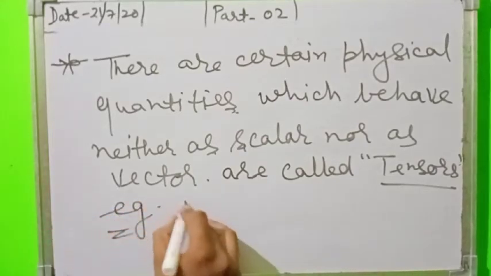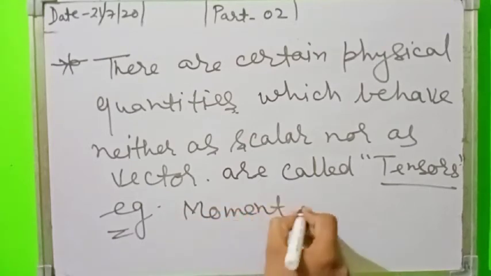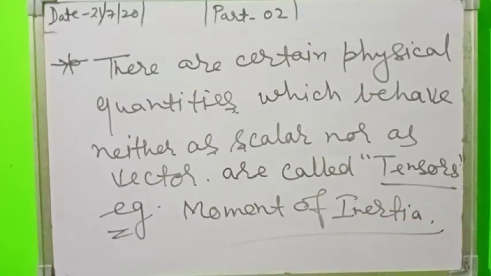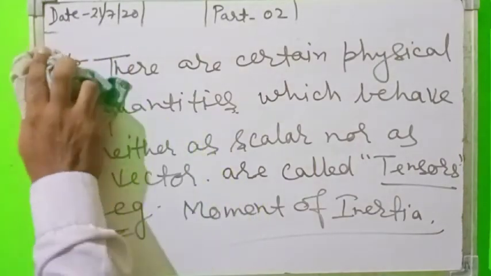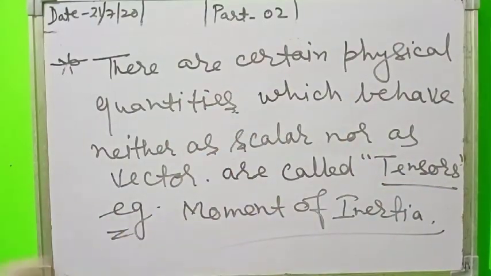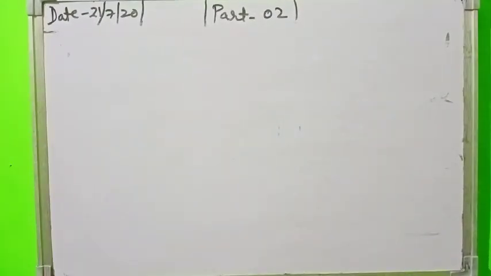Example: moment of inertia. There are also certain physical quantities which behave sometimes as a vector, sometimes as a scalar, like angular displacement. In contrast with this, these tensor quantities behave neither as a scalar nor as a vector, so they are called tensors. Example: moment of inertia.